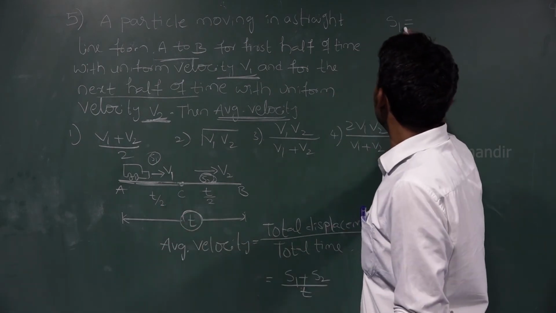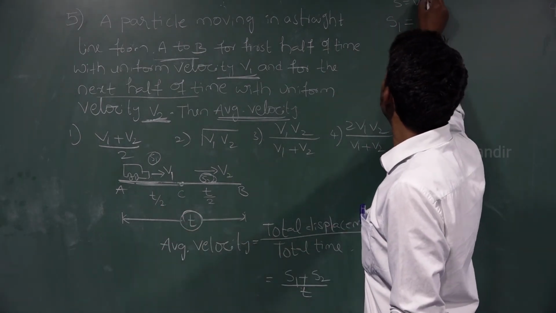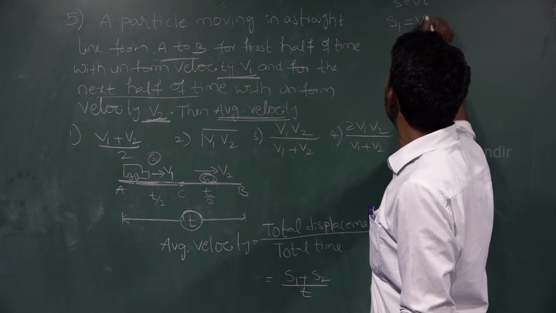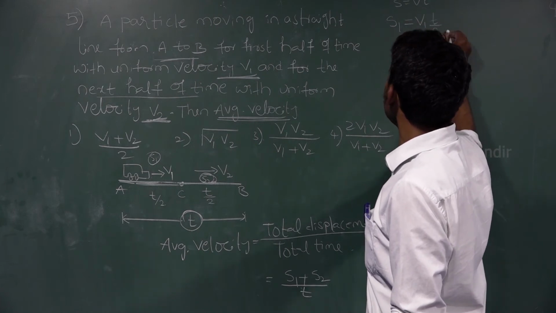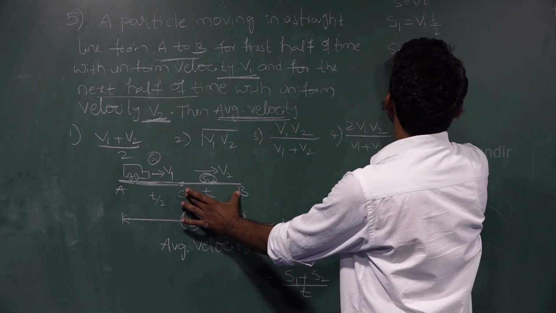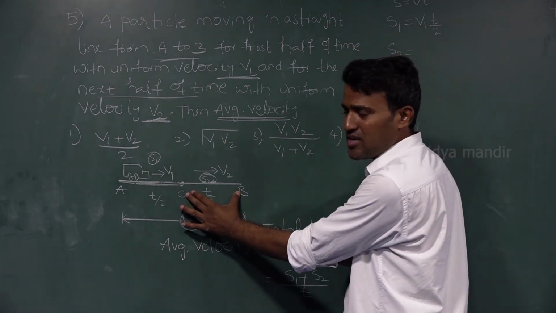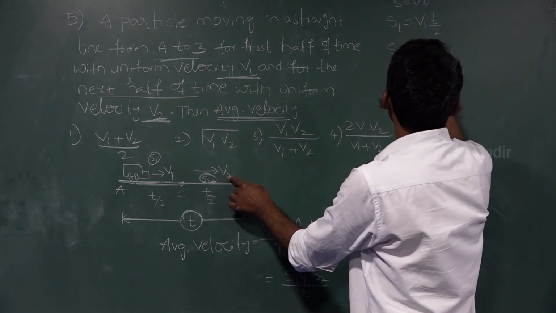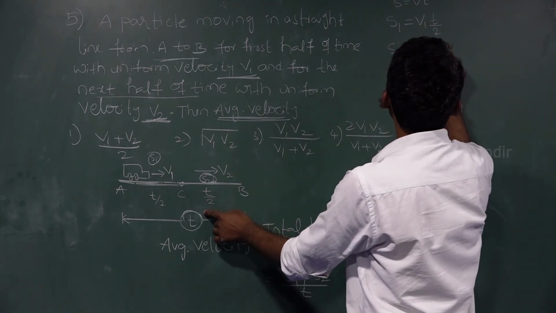Here velocity is v1, time is t by 2. Now for C to B, S2 is the displacement covered with speed v2 in a time interval t by 2.